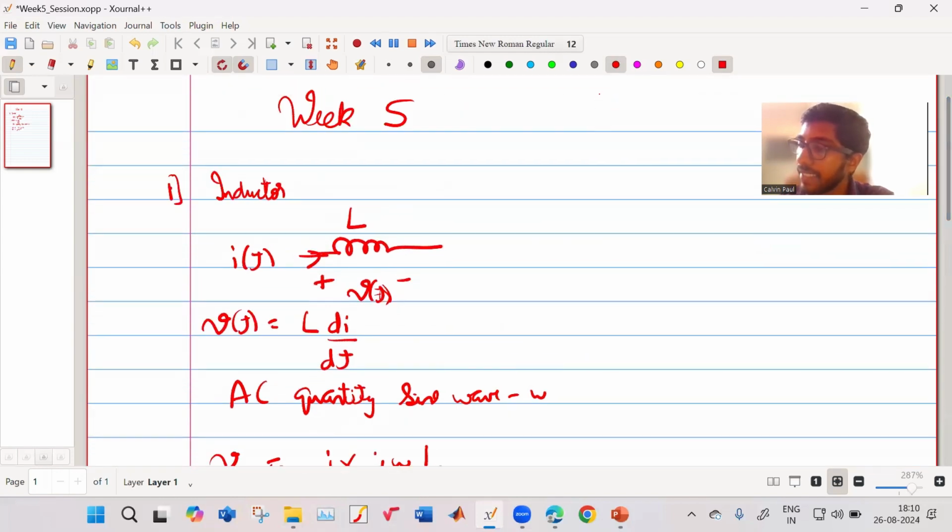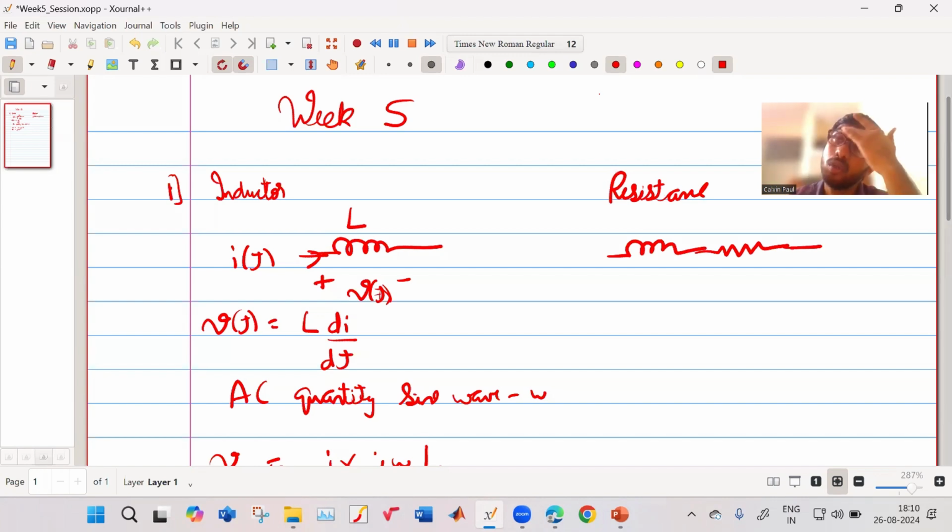But in a practical inductor, there will be certain resistance. So a practical inductor is represented by an ideal inductor and some actual practical resistance which comes.